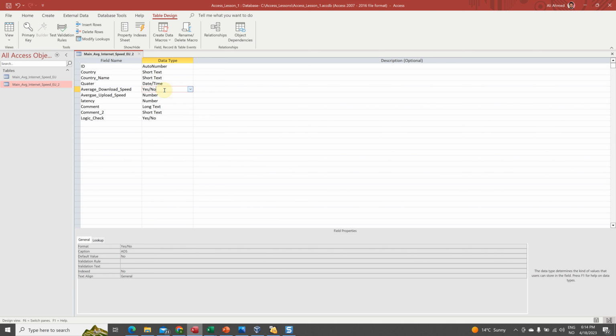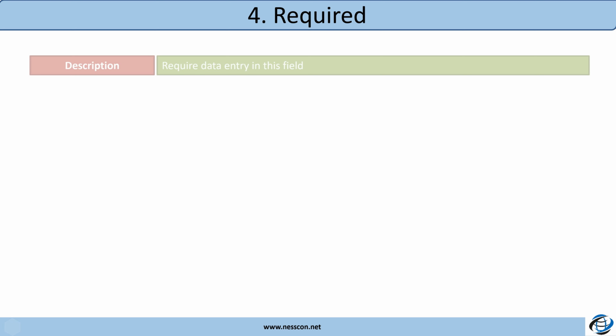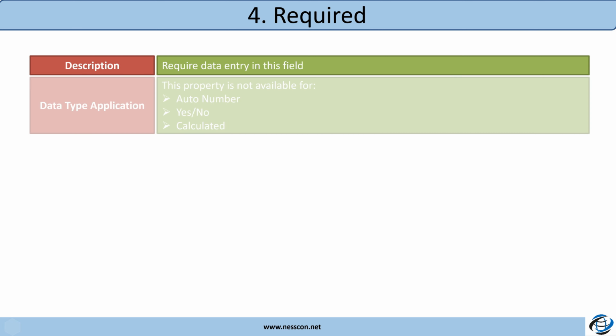Let's move to the next one. The next property we are going to learn is required. It simply states whether data entry is required in this field or not. This property is not available for auto number, yes, no, and calculated.